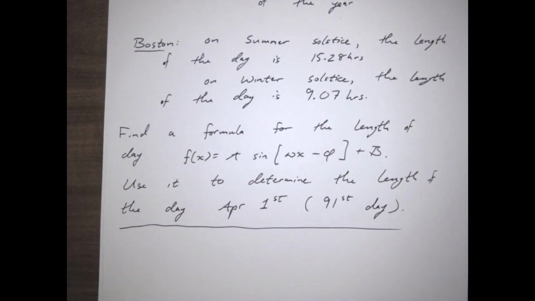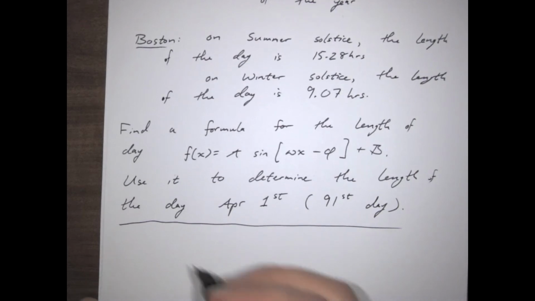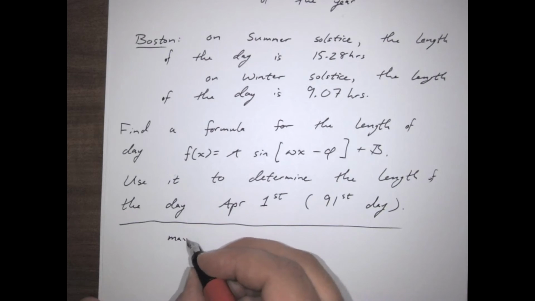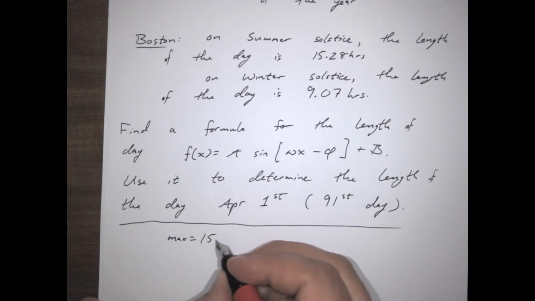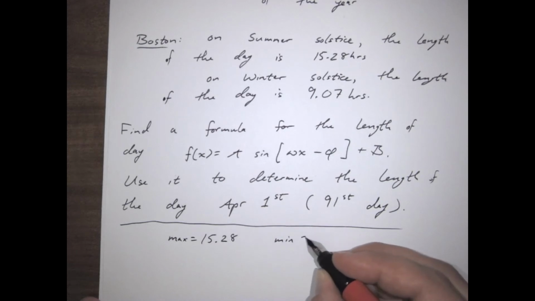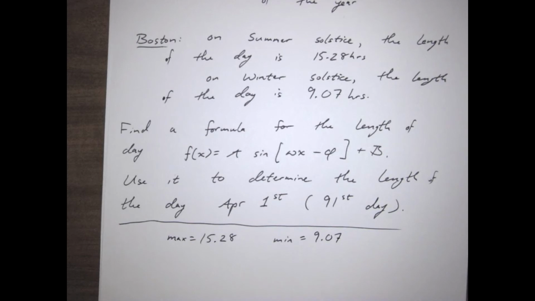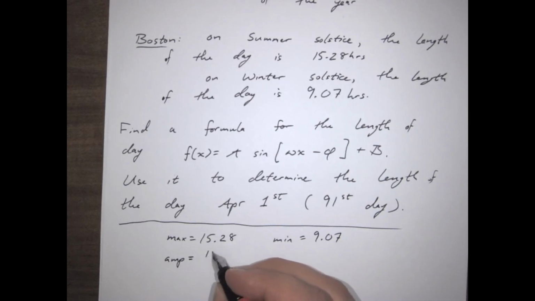Okay, so let's try to figure out what we have been told and what we can get from it. So we know already that the max is 15.28 and that the min is 9.07. So from that we can figure out quickly the midline and amplitude. So let's start with the amplitude. So the amplitude is max minus min divided by 2.